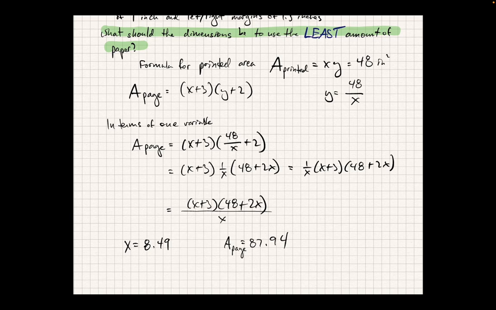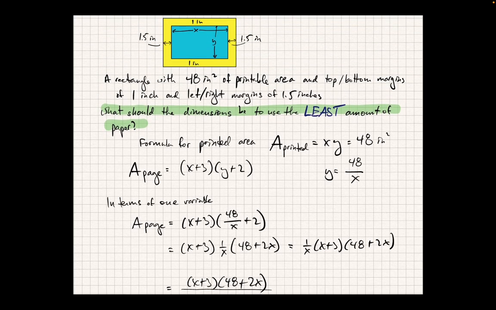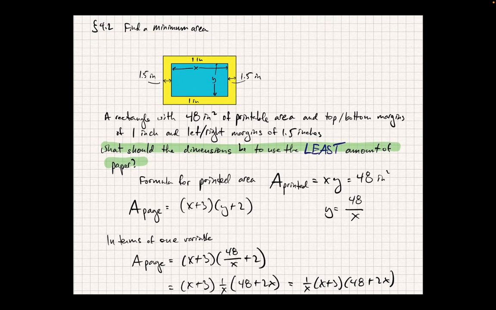Wait, is it asking for the dimensions of the printed area or of the page as a whole? Oh, this is a very important area of interpretation, right? So I have a rectangle, and the printed area has to have this area. The margins are this. Set up a formula.